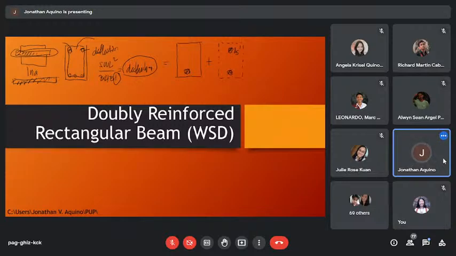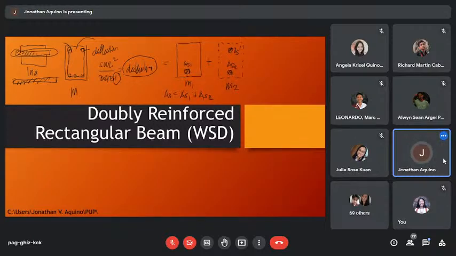Then the tension reinforcement, considering single reinforced beam, is AS1. And the fictitious beam, tension reinforcement is just simply AS2. So meaning the total AS, the tension reinforcement, is just simply AS1 plus AS2.